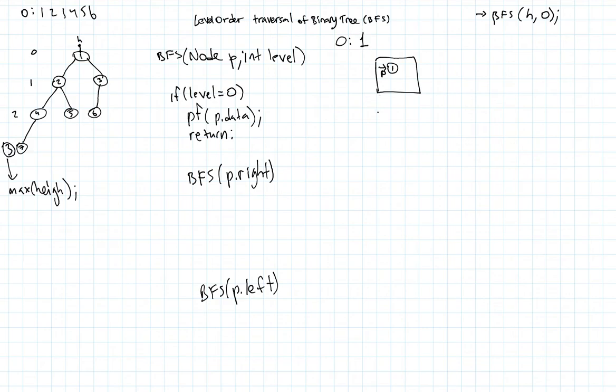So now I need to have something to call my function back. But this time I'll make it 1, right? This time again the process starts from scratch. It comes to here, this time with 0.